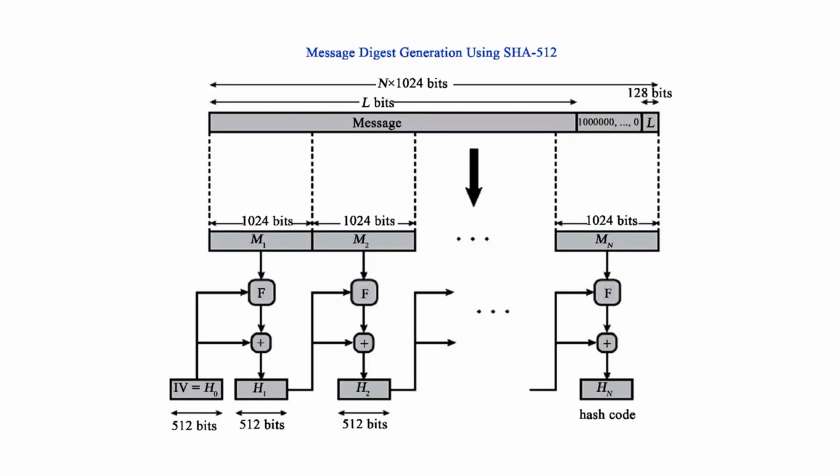The constants provide a randomized set of 64-bit patterns, which should eliminate any regularity in the input data. The output of the 80th round is added to the input to the first round Hi-1 to produce Hi. The addition is done independently for each of the 8 words in the buffer with each of the corresponding words in Hi-1 using addition modulo 2 raised to 64.